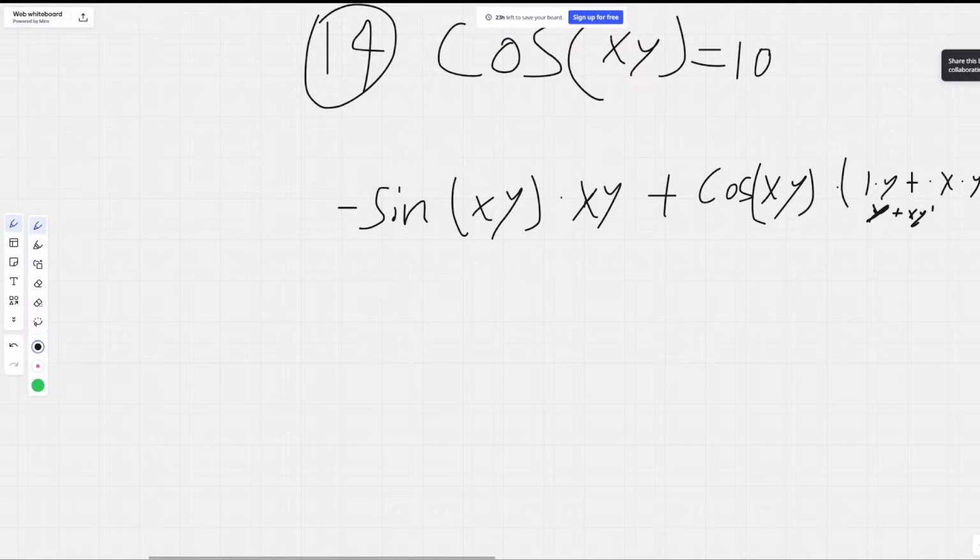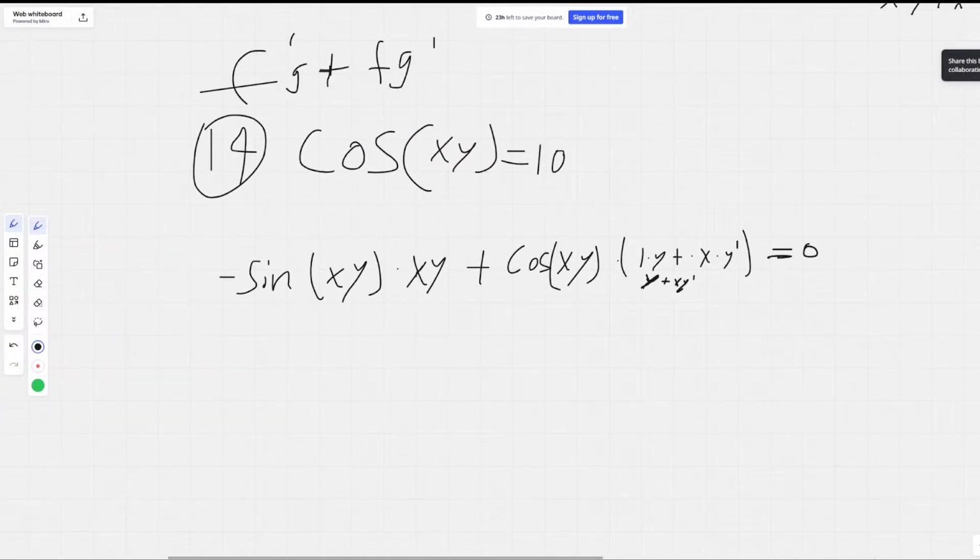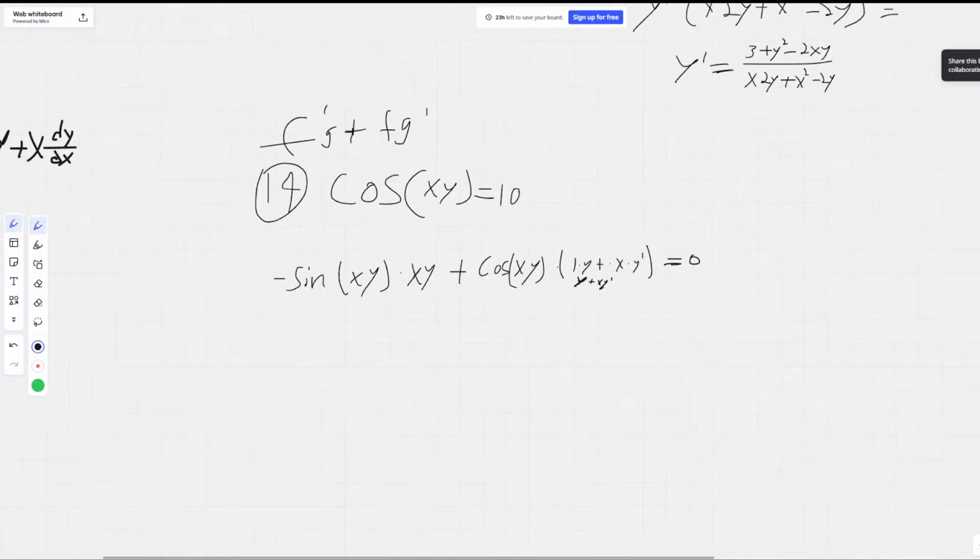I call for a recount. Cosine negative sine y. That's the problem. Oh, I see now. I see.